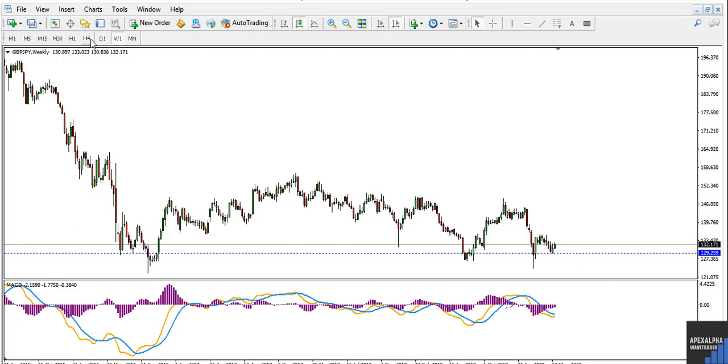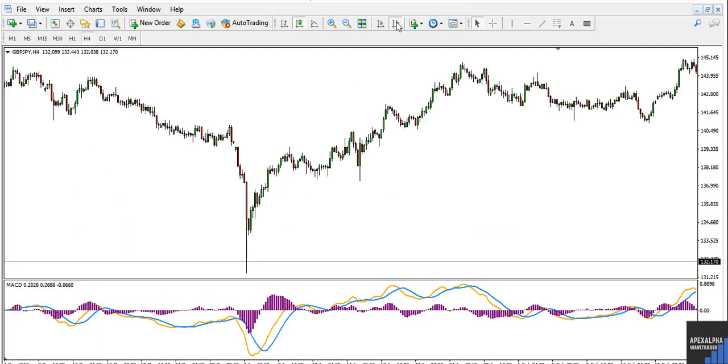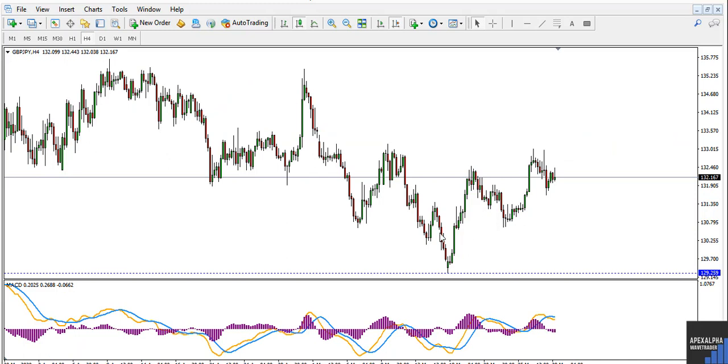Okay, so let's go down to the 4-hour chart now, and I want to show you something. Do you see here we have an incidence of positive divergence, and you see that this happened at an area of support. So what I want you to notice is that divergence situations occur a lot at areas of support and resistance as well. So as you put all these things together in your trading decisions, you will begin to see much more profitable trades.